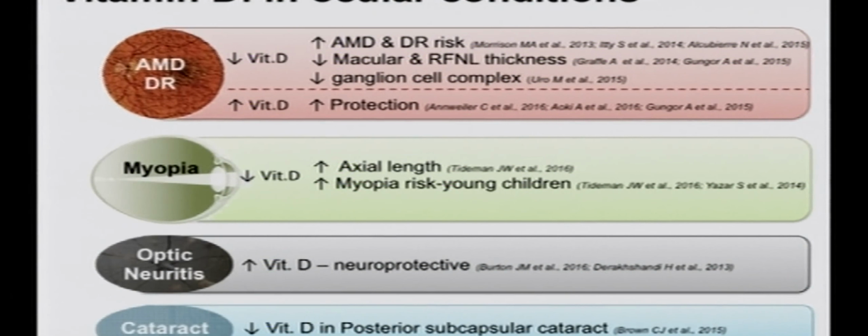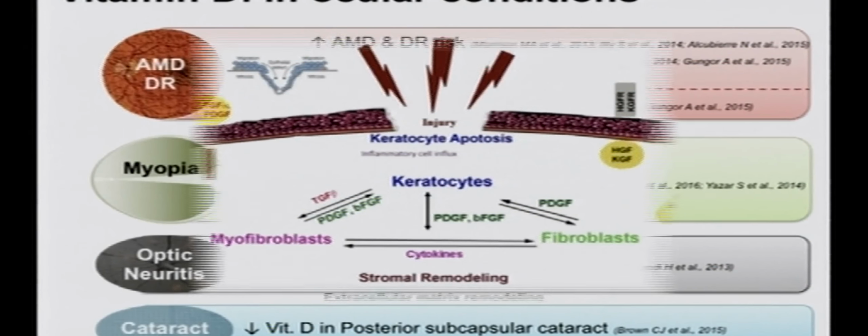Incidentally, there were enough other articles about cataracts, neuritis, and myopia. Myopia has a direct link because dopamine, atropine, and vitamin D receptors all have a link. It's a very complex link, but it's all there. One day we'll probably find out what it really means.